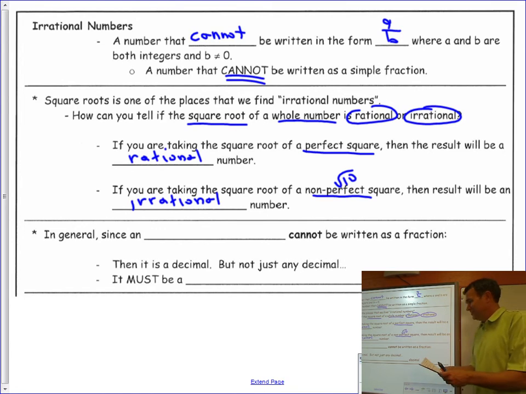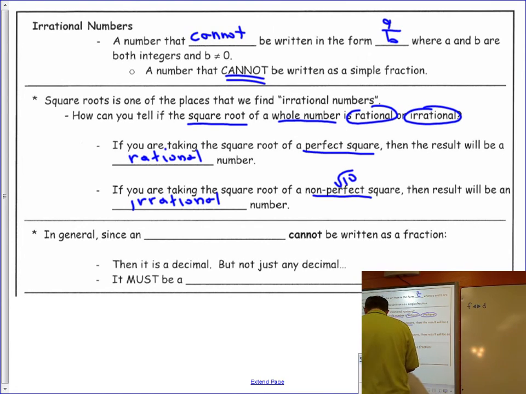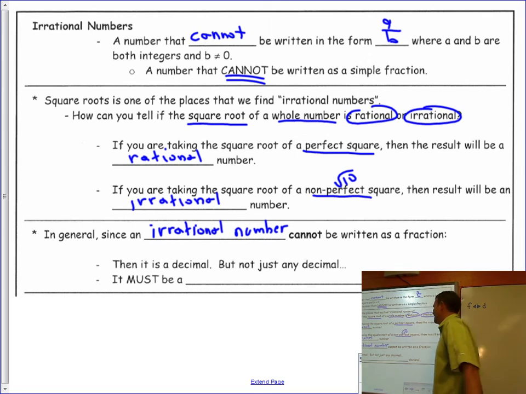In general, since an irrational number cannot be written as a fraction, then it's going to be a decimal. You know, if it can't be written as a fraction, it's going to have to stay a decimal.